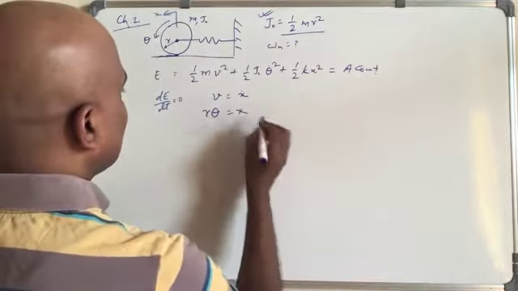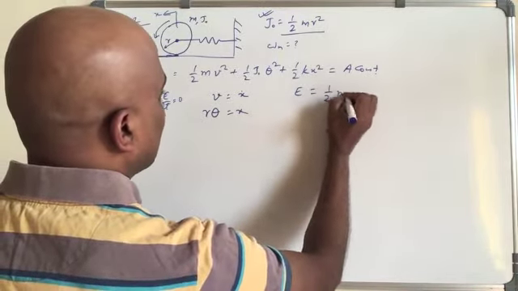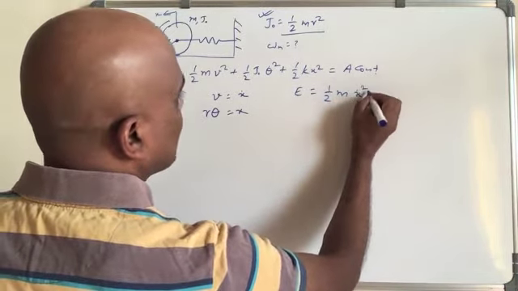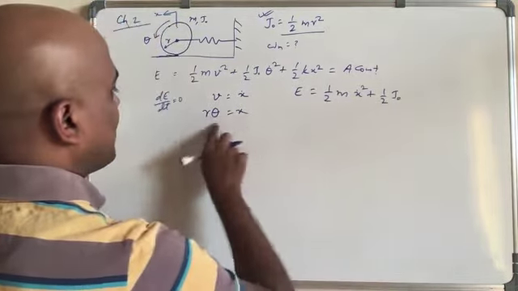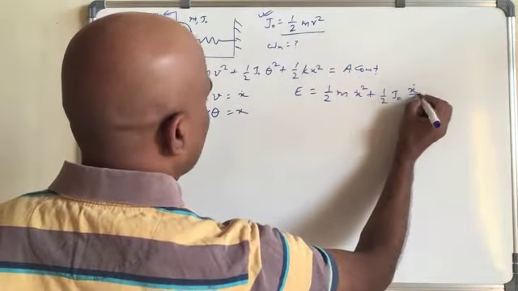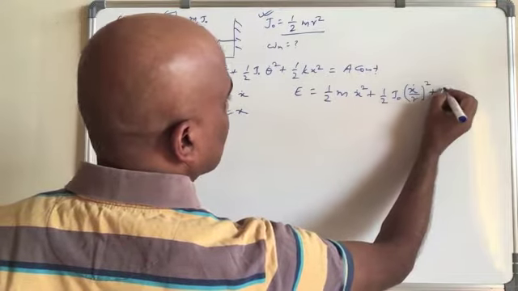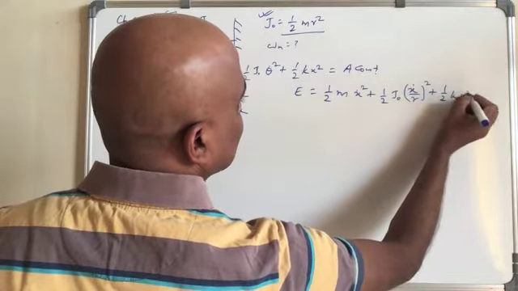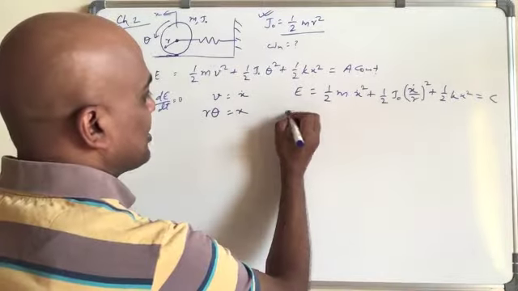We put this value there, and we find E equals half m x dot squared plus half J naught times x dot over r squared plus half k x squared equals a constant, let's call it c.